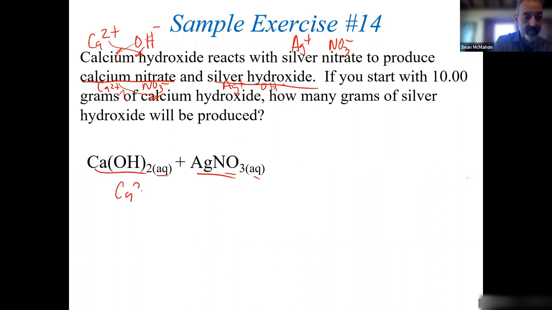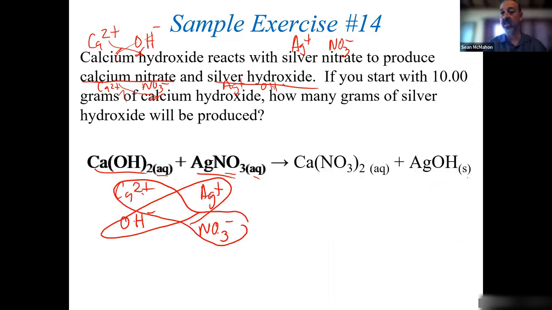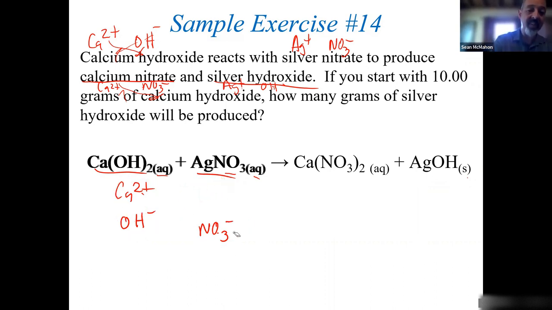Well, that's easy. Calcium 2+, OH−, silver nitrate, do-si-do. Then I would see I need 2 nitrates to 1 calcium and 1-to-1 for silver and hydroxide. So it all starts to build, okay?